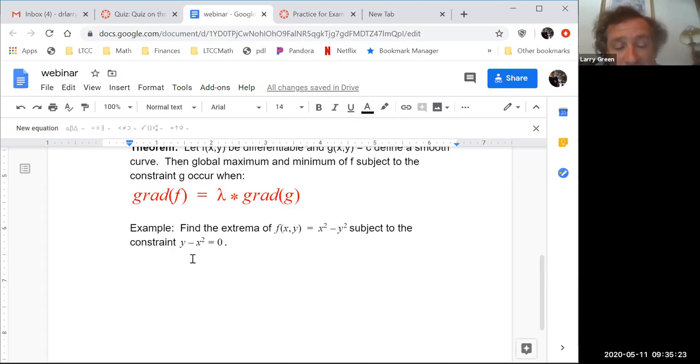So what we need to do is find grad of f. And what is the gradient of f? Not supposed to be that hard. Yeah, it's 2x comma negative 2y.